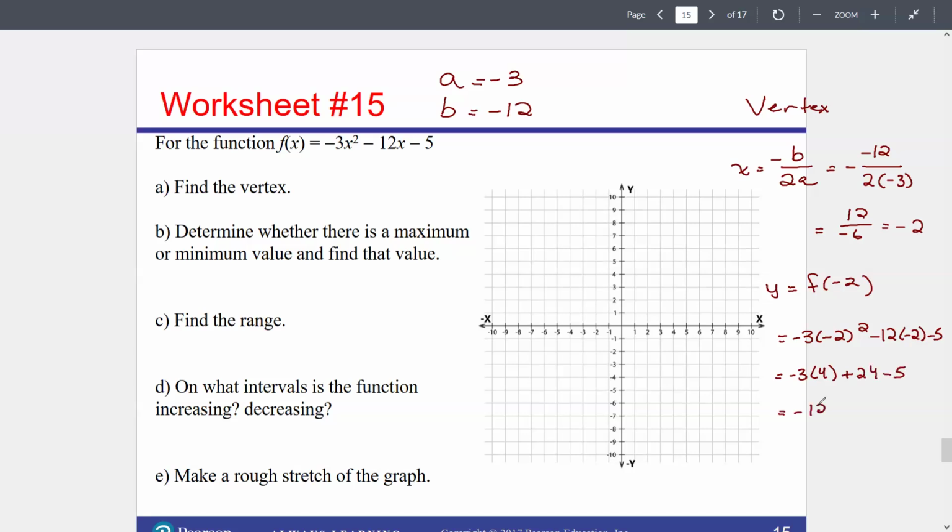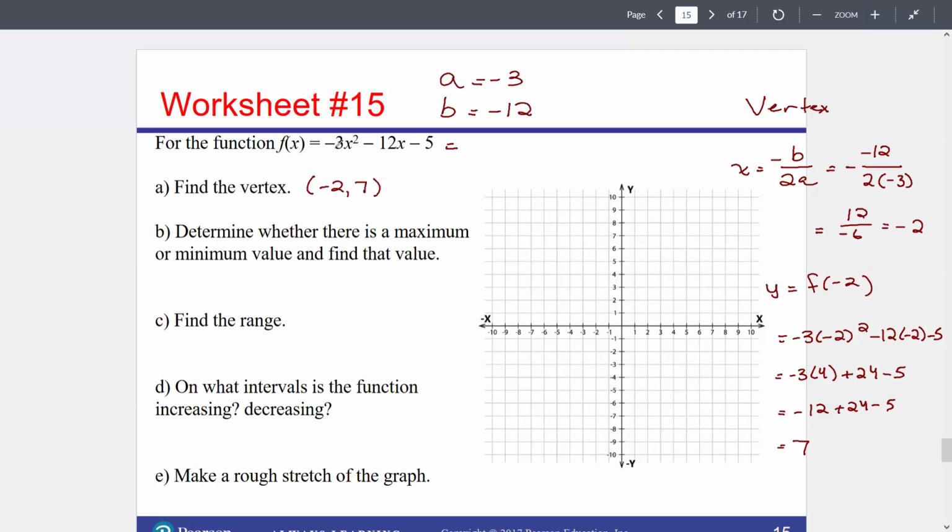So we have a negative 12 plus 24 minus 5. Negative 12 plus 24 minus 5. Oops, 7, sorry. I don't know how I miscounted that. So my vertex would be at negative 2, positive 7.